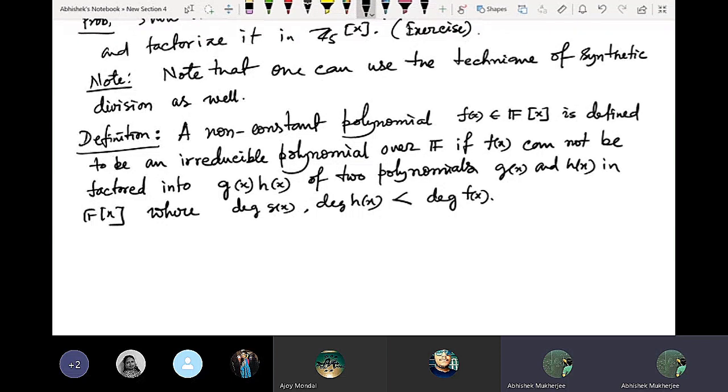That is, we cannot factor fx into two polynomials having lower degree than fx. So this type of polynomials are called irreducible polynomial over the field F.